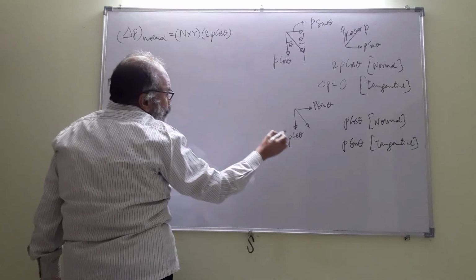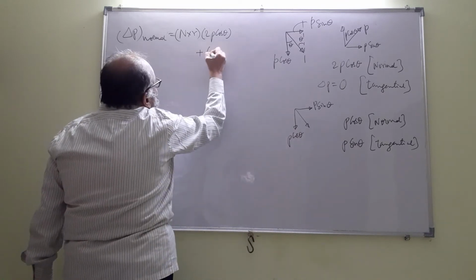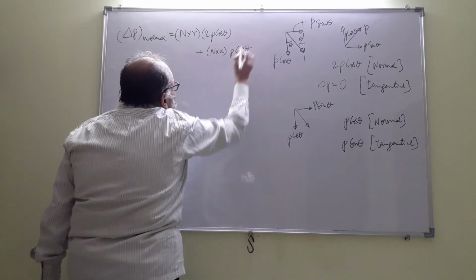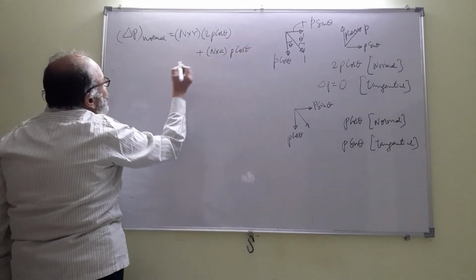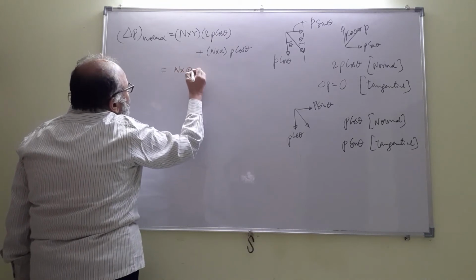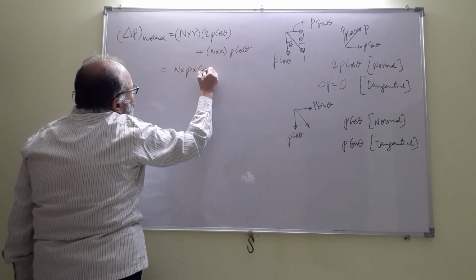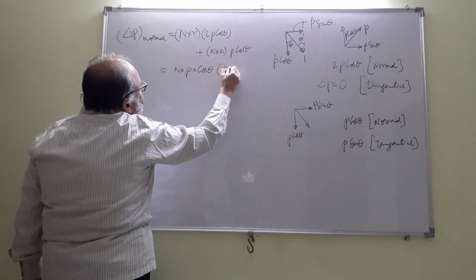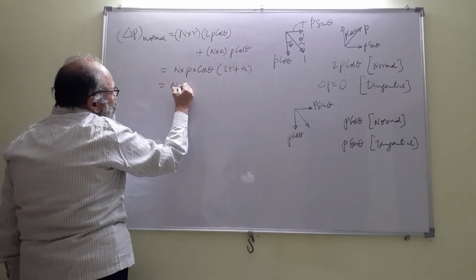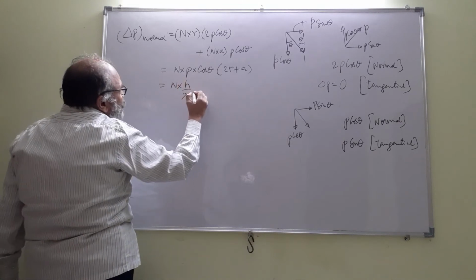For the absorbed photons, it will be n into a into p cos theta. So we can simplify this. n into p into cos theta is common, and you have 2r plus a. So p can be put as h by lambda.